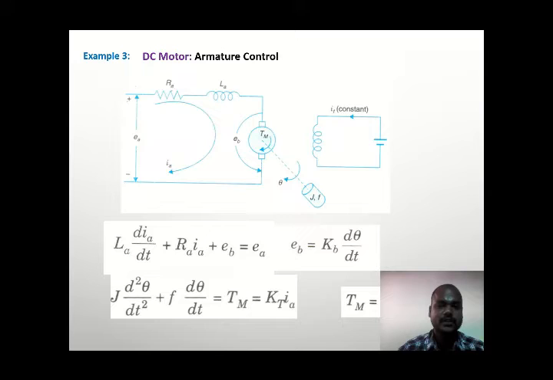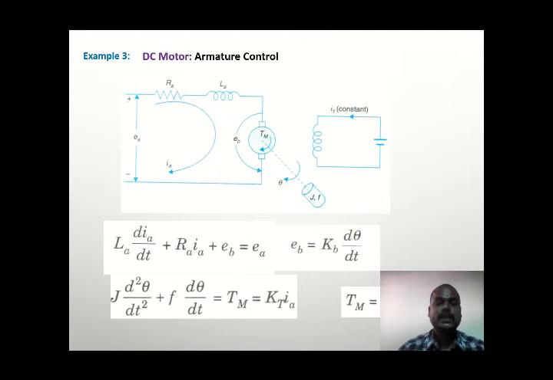J is the inertia of the shaft, f is the coefficient of viscous friction. So the friction torque here will be the product of the coefficient of viscous friction multiplied by the angular speed, and this will be equal to the net torque, which is obtained via this equation, which directly depends on current Ia, and Ia is produced by the first equation.